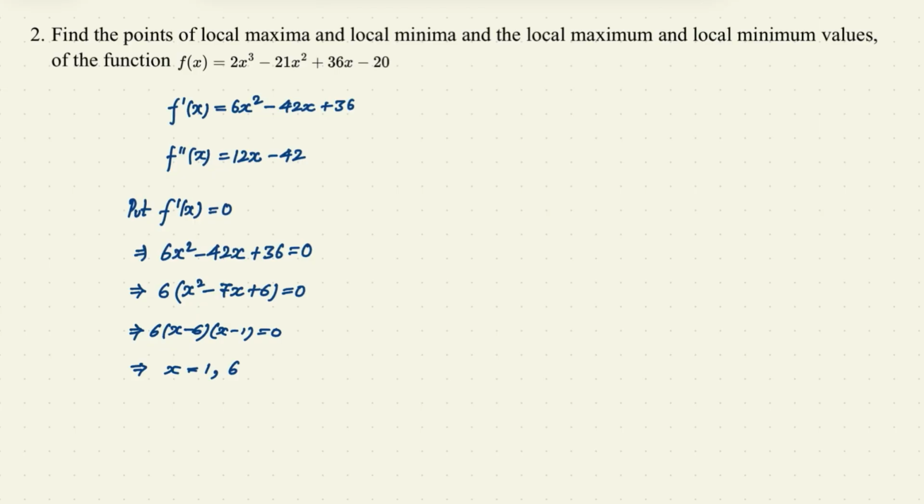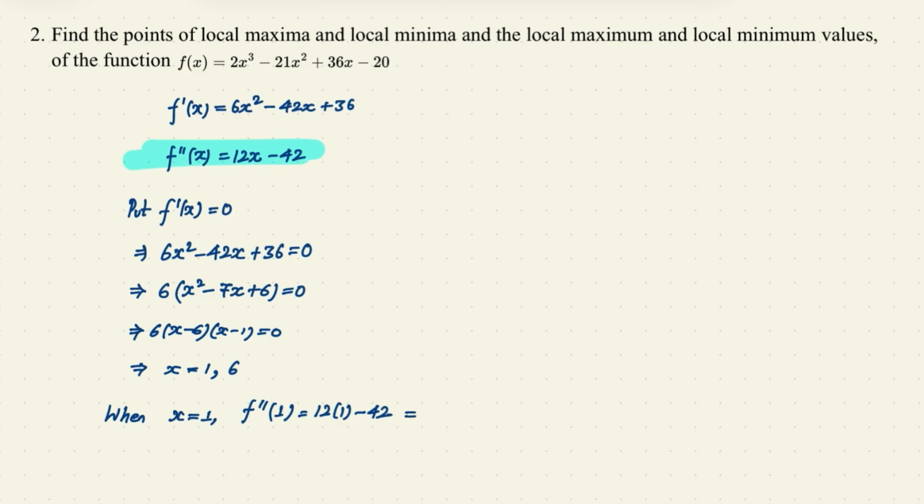Now we have to put these values of x, 1 and 6, in f double dash of x. So when x equals to 1, then f double dash of 1 will be equal to 12 into 1 minus 42. See, we are putting the value of x equals to 1 in f double dash of x here.